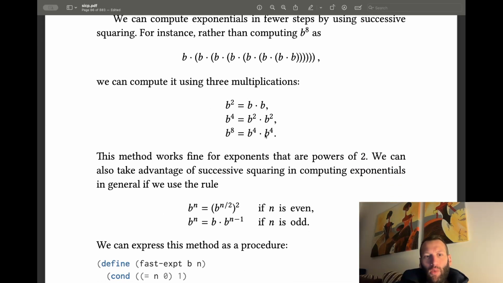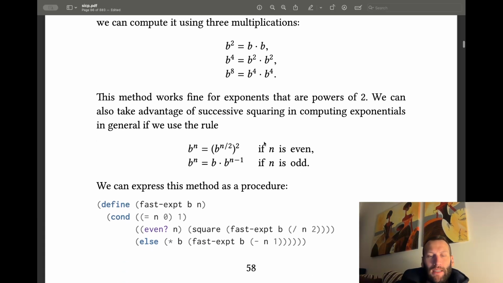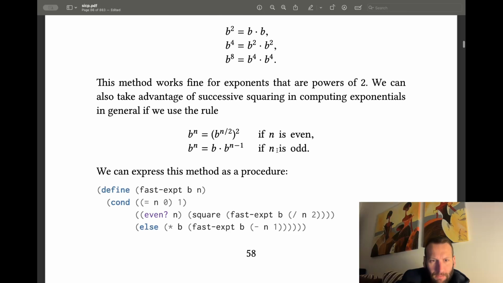This method works fine for exponents that are powers of 2. We can also take advantage of successive squaring in computing exponentials in general if we use a rule that changes depending on whether n is even or odd. And of course, we can express this method as a procedure.